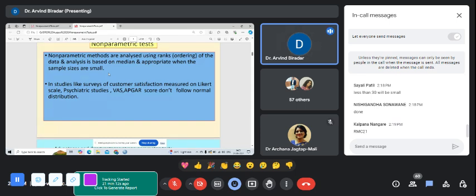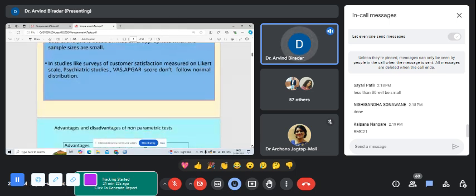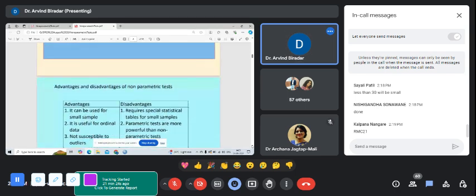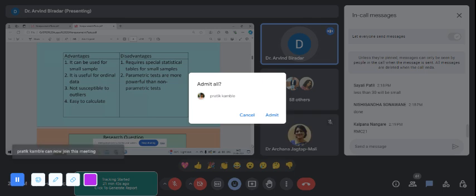So what are the advantages and disadvantages of non-parametric tests? Advantages: it can be used for a small sample. Then it is useful for ordinal data.